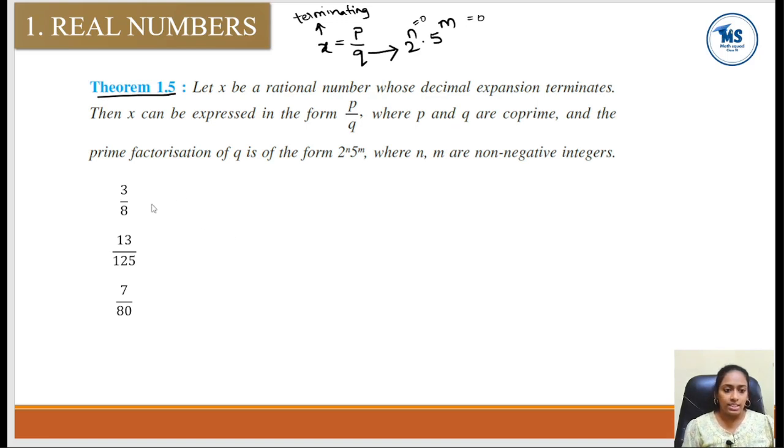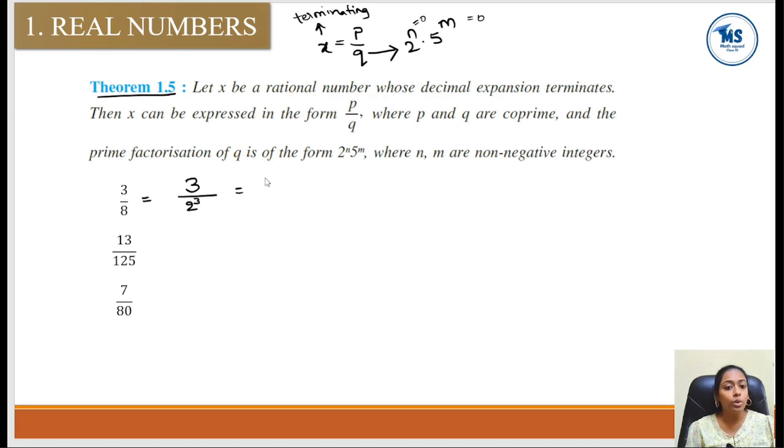So let's see this example. Let's check if it is terminating or non-terminating. So 3 by 8, I'll try to write it with the denominator in powers of 10 so that my division would be easy. First, I'll write the prime factorization of 8. Prime factorization of 8 is 2 cube.